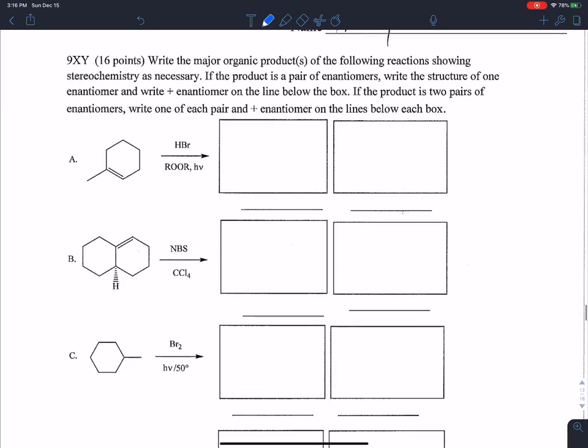Write the major organic products of the following reactions showing stereochemistry as necessary. Okay, HBr, ROOR. Well, that reaction we know is supposed to, there's no cis or trans for that one. That one's just a radical reaction, so you have to remember radical reactions can kind of make racemic answers. So let's say the Br went in as wedge like that. This part won't change.